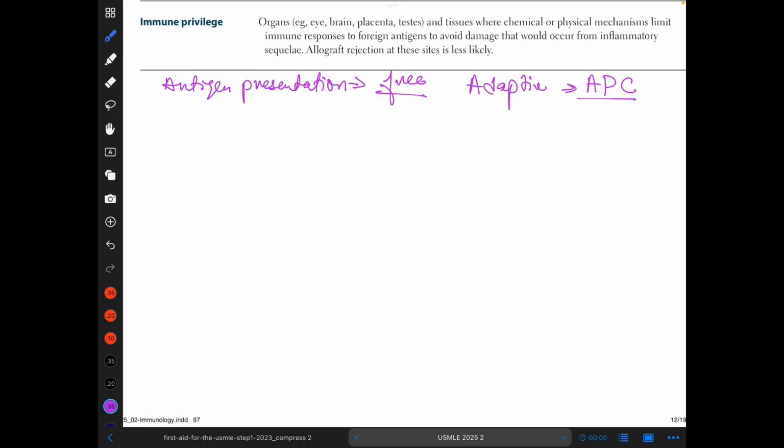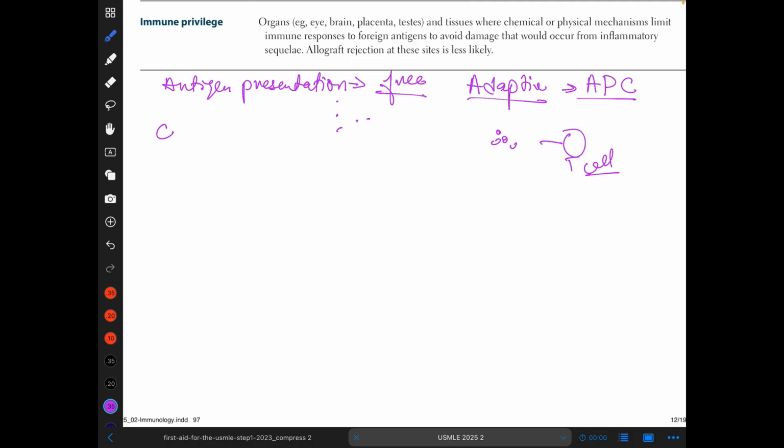The pathogen must be engulfed by the cells and broken down, then pieces of proteins are transported to the surface and presented to T cells for activation. That is happening in the adaptive immune system. But in innate immunity, free antigens are also enough for activation of the innate system.